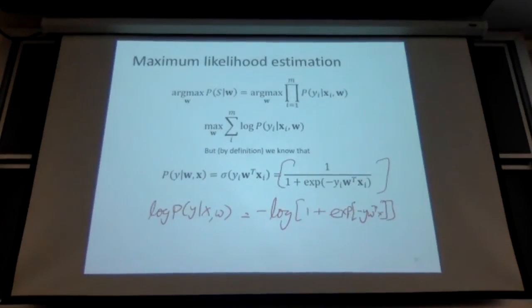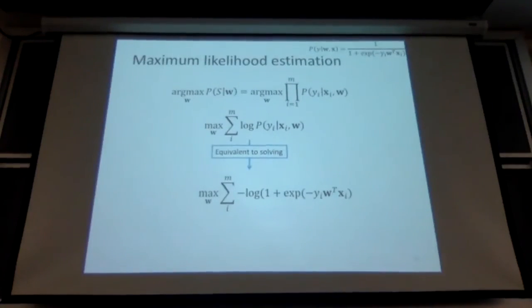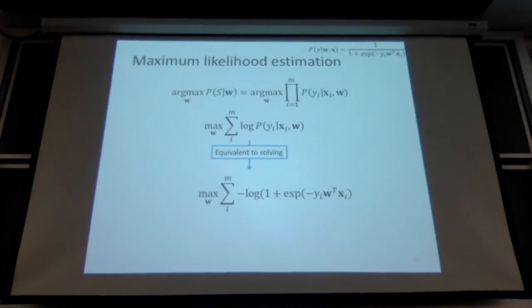So I just took the log of that thing, so we can substitute this quantity in here directly. So solving the problem on top is equivalent to solving the sum of all the log of 1 plus e to the power minus y w transpose x.